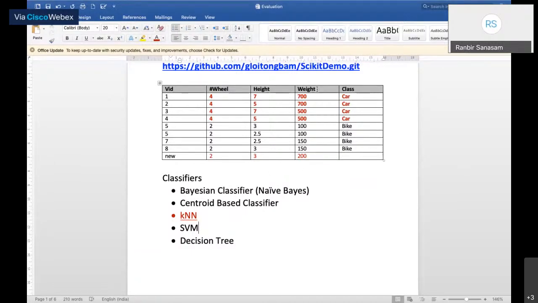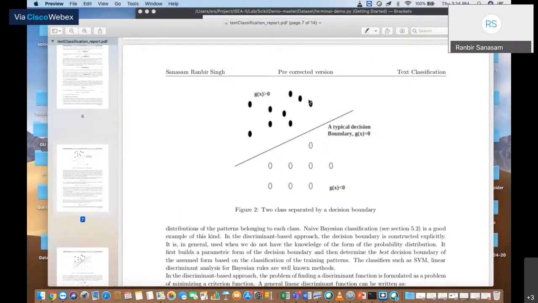If I consider three features, then it's a three-dimensional space, right? Just for understanding, let us say I'm using a two-dimensional space, only two features, and all the samples are plotted on this two-dimensional space. Let us say all the cars are the black dots, all the bikes are these white circles, for example.